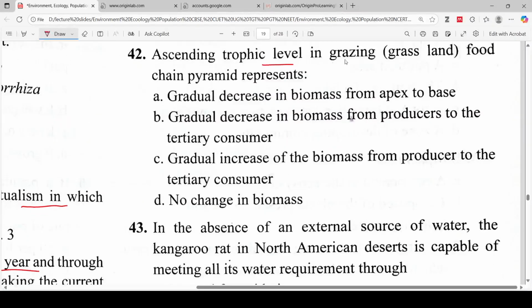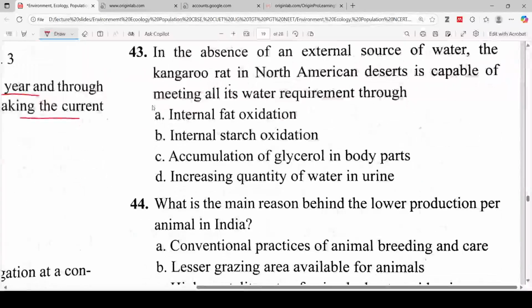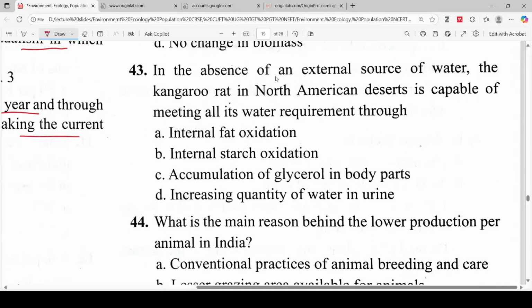Ascending trophic levels in a grazing food chain pyramid represent... The correct answer will be option B.